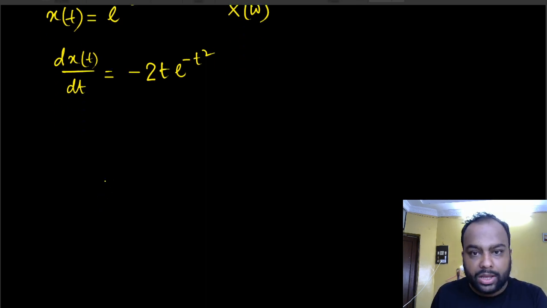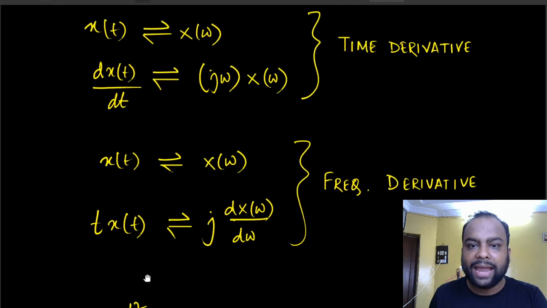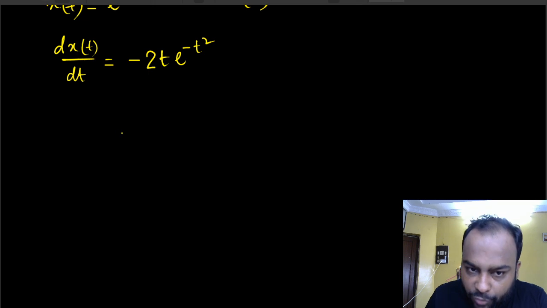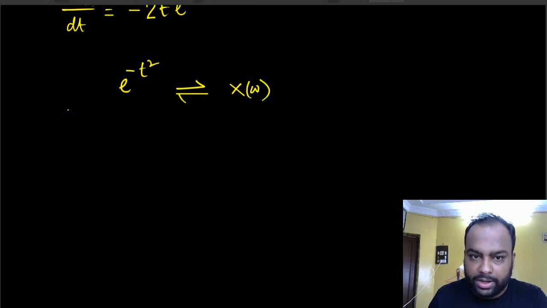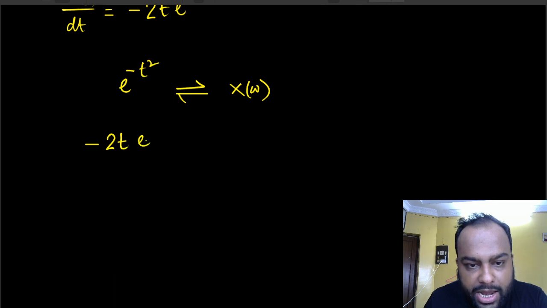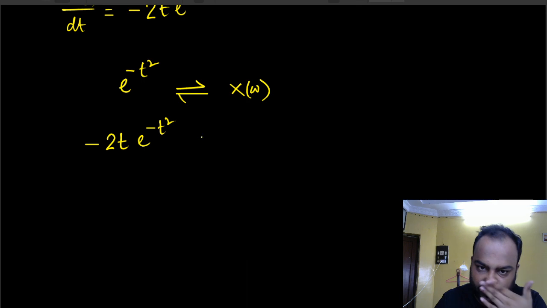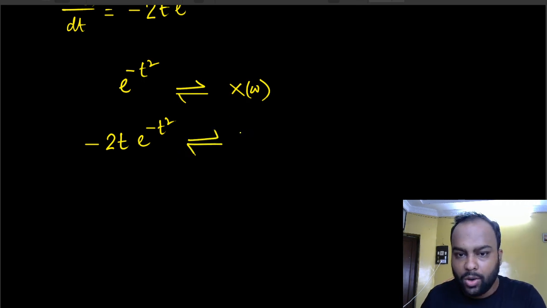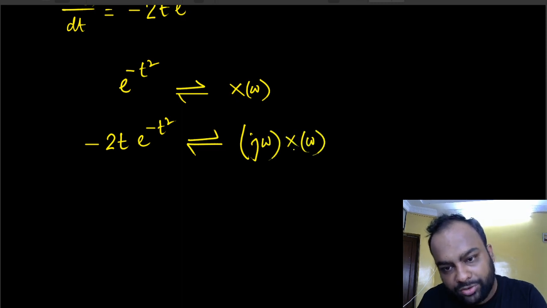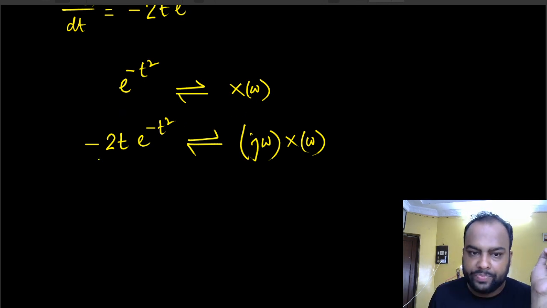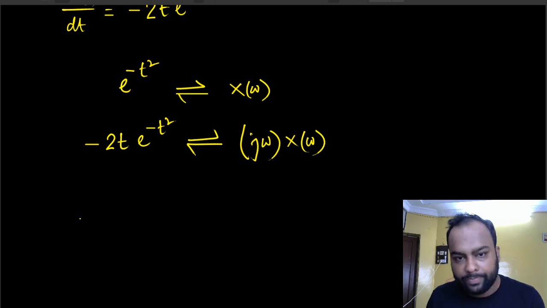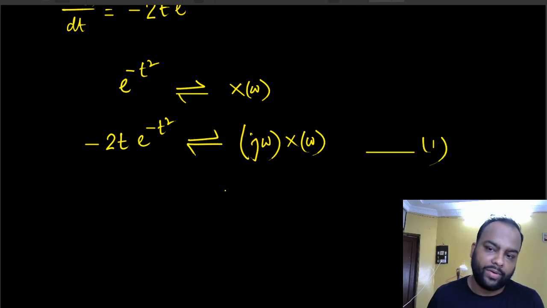By application of the time derivative property, we can now say that if the Fourier transform of e to the power minus t square is X(omega), which I don't yet know, then the Fourier transform of the derivative of e to the power minus t square with respect to t, which is minus 2t e to the power minus t square, is going to be j omega times X(omega). Let's say this is my equation number 1.